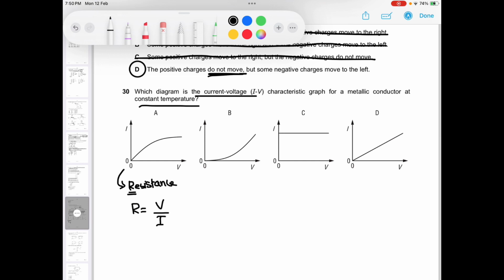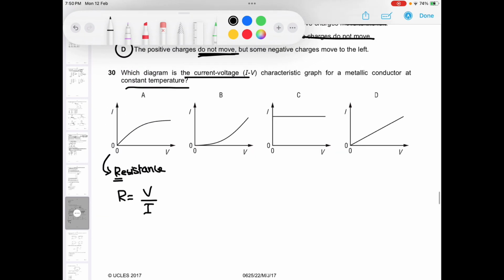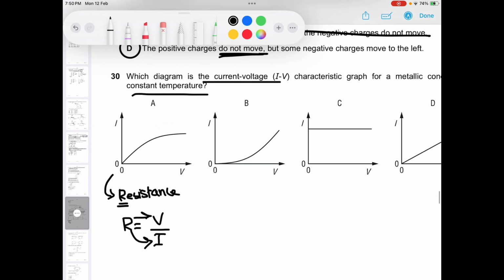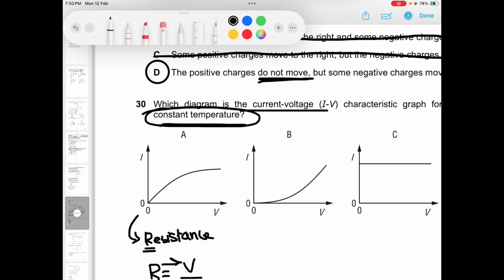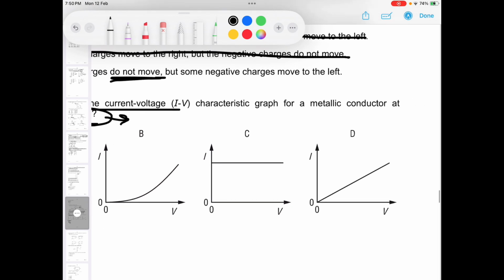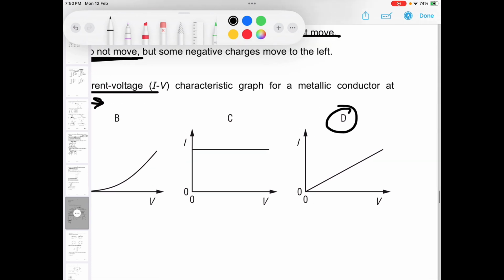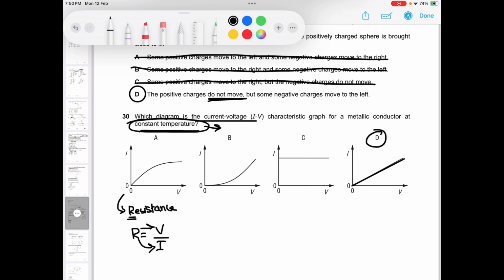R is directly proportional to V, inversely proportional to I, but obviously it's none of our business now. This is FYI. Anyway, because it is at a constant temperature, the resistance is always constant, and therefore it is D. The slope is the resistance, and there's a constant slope here, so the resistance is constant.